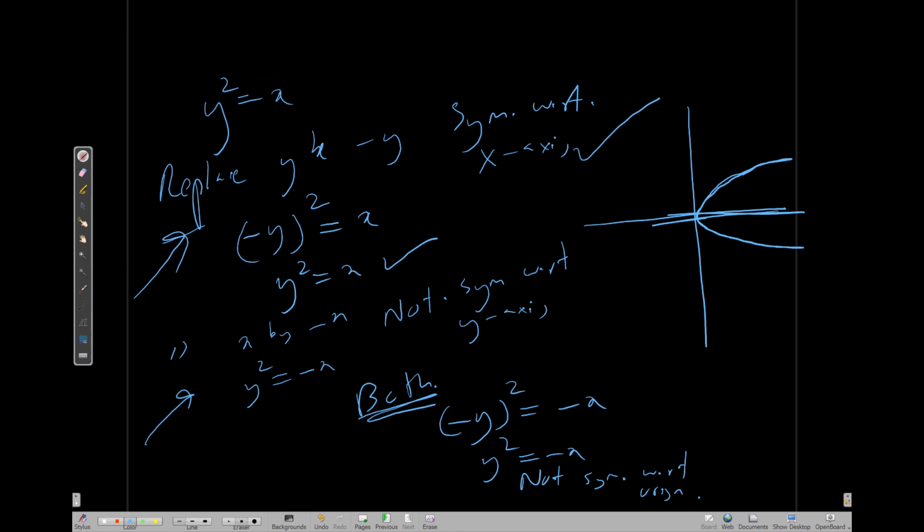Now you may be thinking, are there any shapes that are symmetric with respect to both x and y? Well, yes, there are. Let's see, with respect to both x and y. How about this shape?